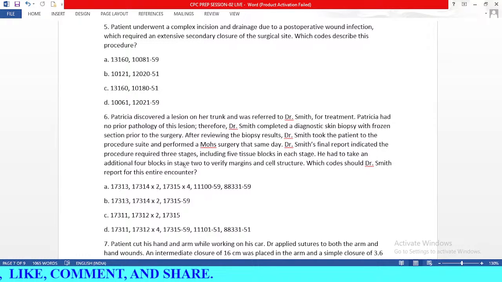Write any answer, no need to worry, A, B, C, D, anyone. Just guess. In CPC also you need to write anything. So just don't keep it blank. Yes, you need to guess the answer.